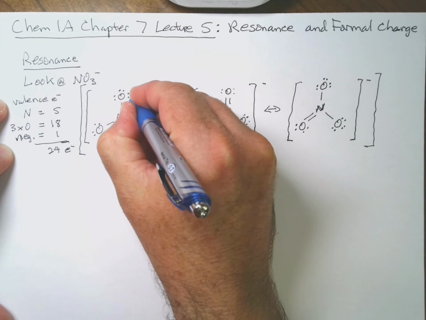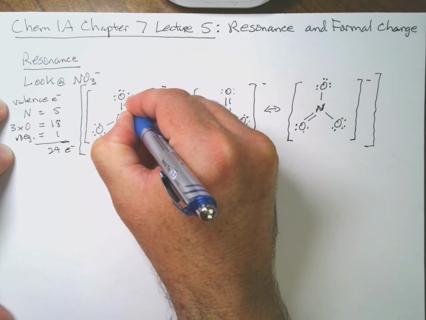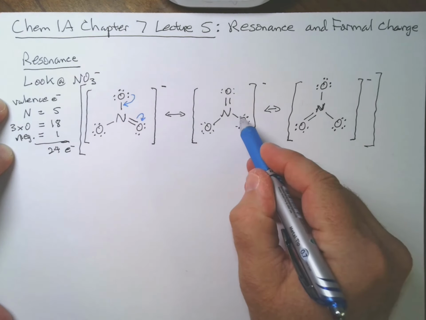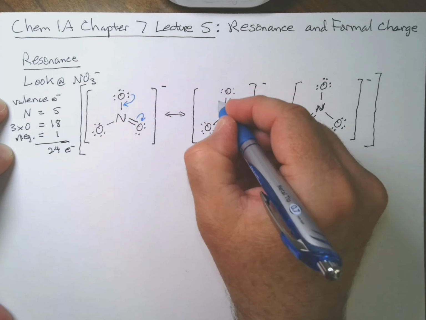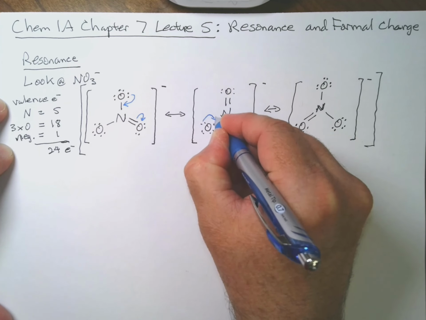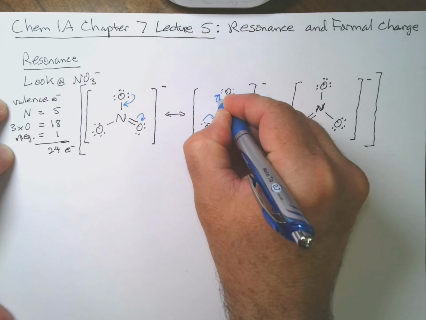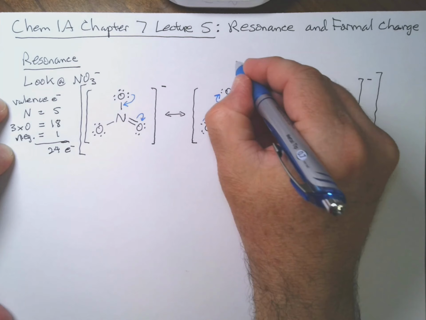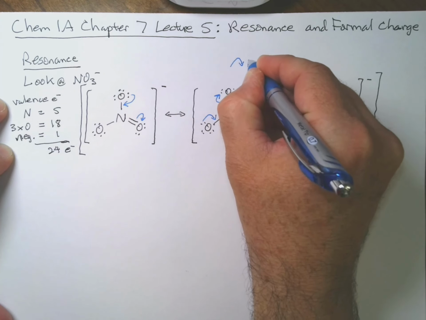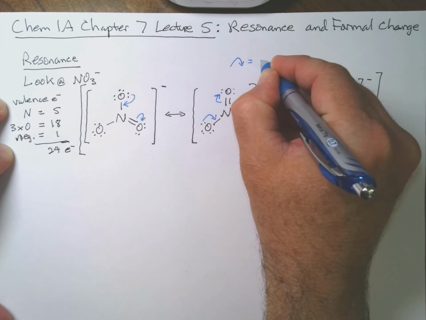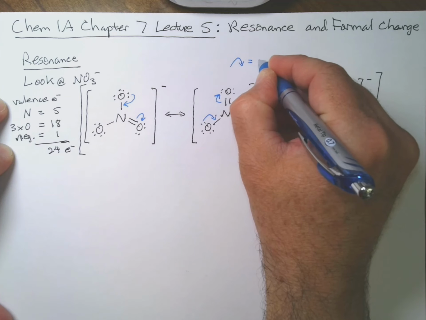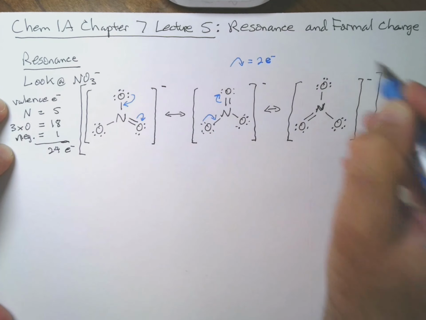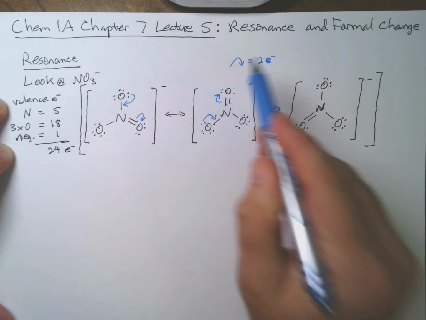So, I could push these electrons there, and then I have to push those guys up there, and then I'd get this. Or I could push those electrons there and push those ones up there, and I'd get my third structure. So in this case, the arrow equals 2 electrons. So a pair of electrons is my arrow.